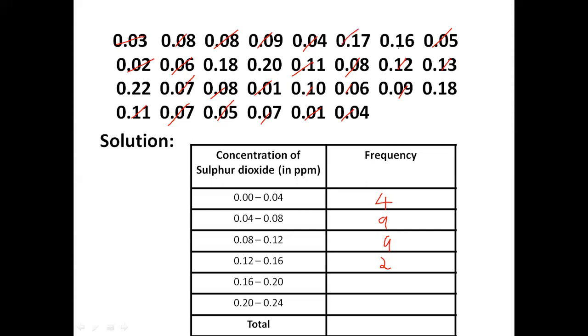So I have 1, 2, 3 and 4. So here it will be 4. And what am I left with? I have only this one and this one. So that will be 2. So when I add all this, I get a total of 30.